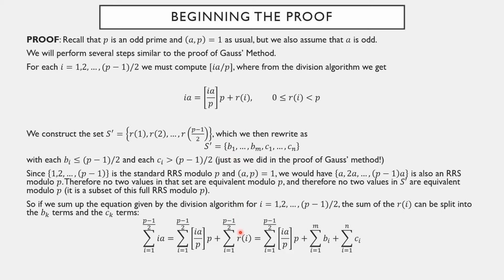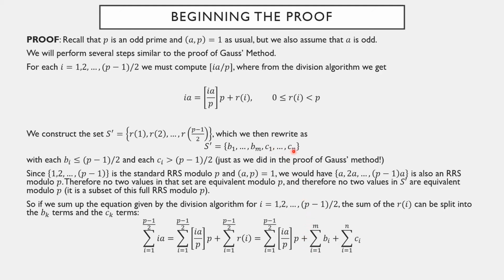So instead of adding them up in the order they were generated, I'm going to add up all the small remainders and then add up all the big remainders. The BI, remember, are the small ones. The CI are the big ones. Now notice how many small remainders there are. The first one is B1 and it ends at index M, so this sum goes from 1 to M. How many big remainders are there?